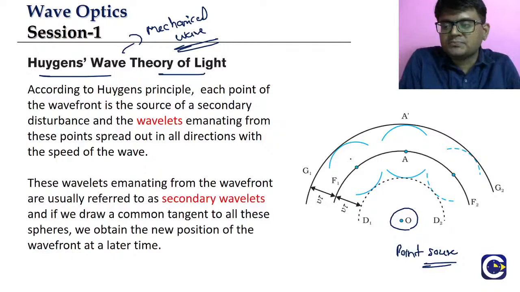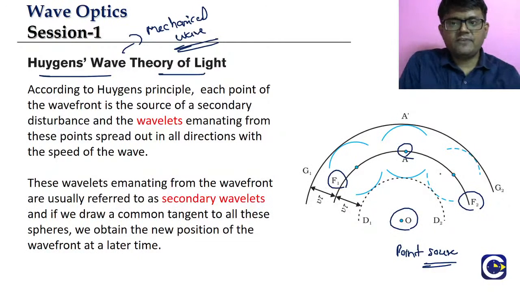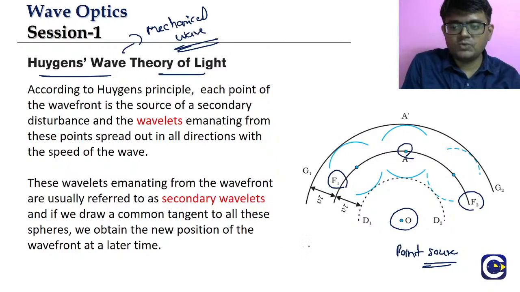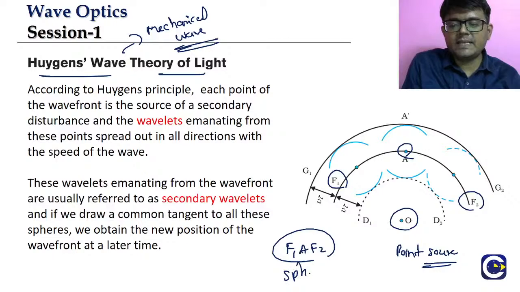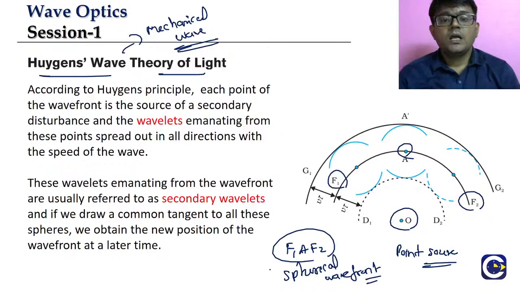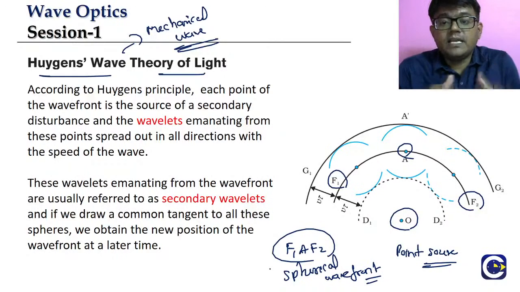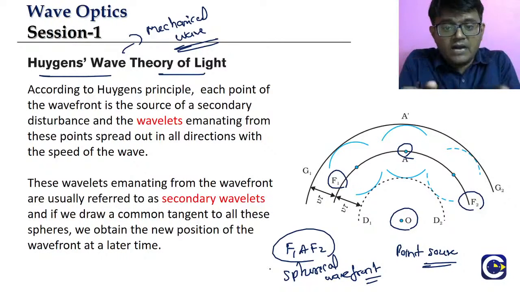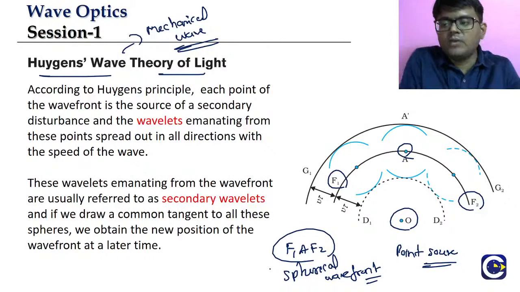Like you can see this F1, A, F2, that is a part of the spherical wavefront. So the wavefront we are considering here is the spherical wavefront. Now Huygens' theory assumes that whenever you have a wavefront, okay, now we are having a wavefront.